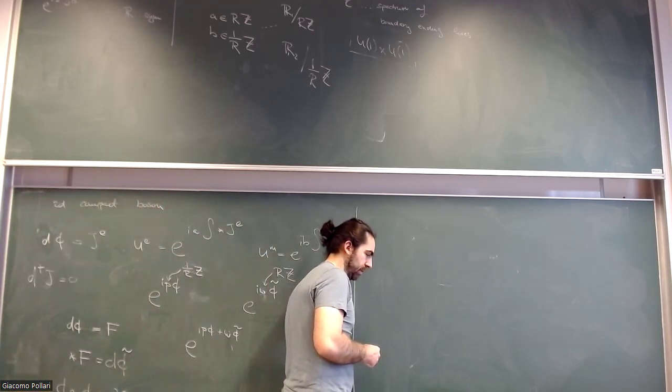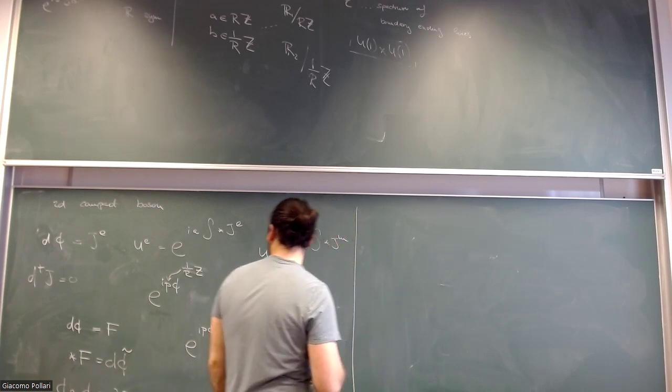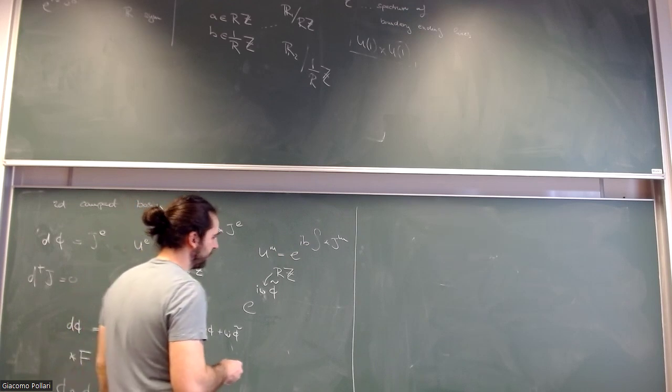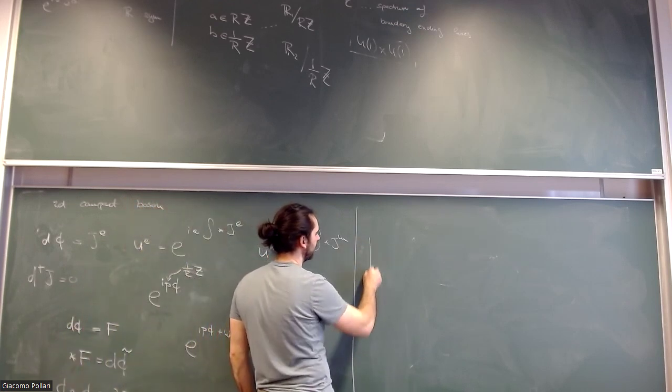Right. Yeah. So how can you now construct this 2D boson as a boundary theory for some 3D space?